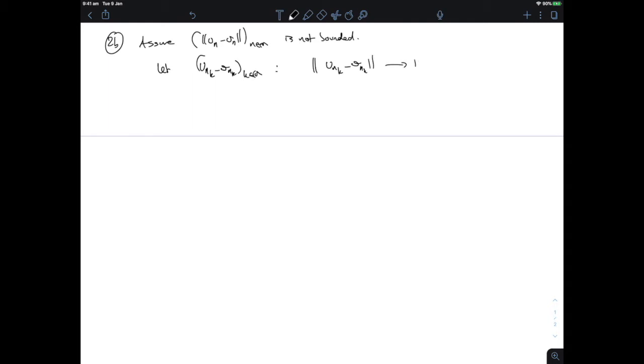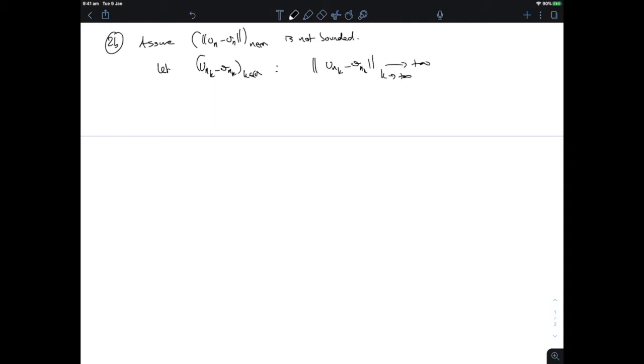Okay, so let's see what happens if we assume that u_n minus v_n is unbounded. We'll see that this cannot happen. Alright, so if u_n minus v_n is not bounded, I can extract a subsequence that goes to infinity, and I can also use compactness of my operator T. So let's take a subsequence such that the norm of u_nk minus v_nk tends to infinity.